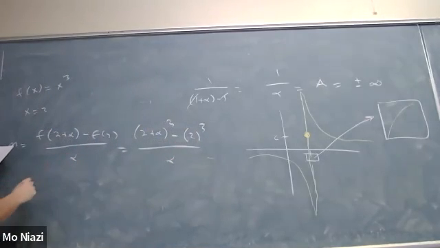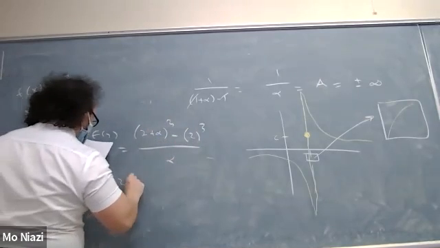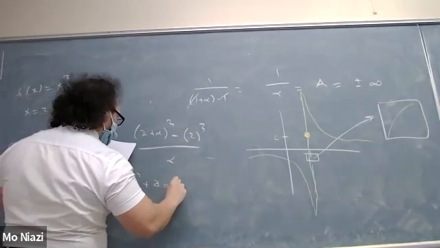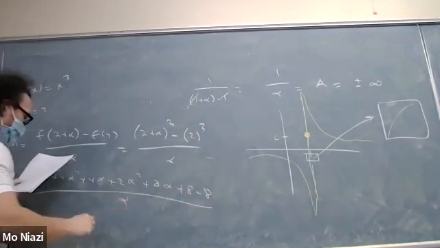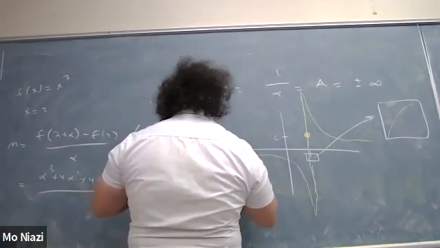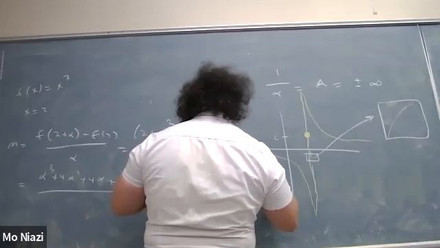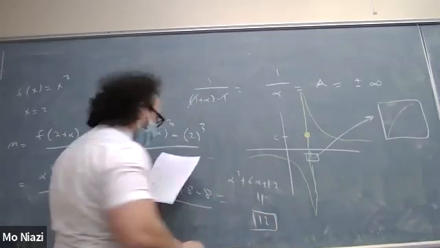Once you work that out, you get alpha cubed plus 6 alpha squared plus 12 alpha plus 8 minus the 8, everything over alpha. When things cancel, you get alpha squared plus 6 alpha plus 12. And this renders the real result 12.